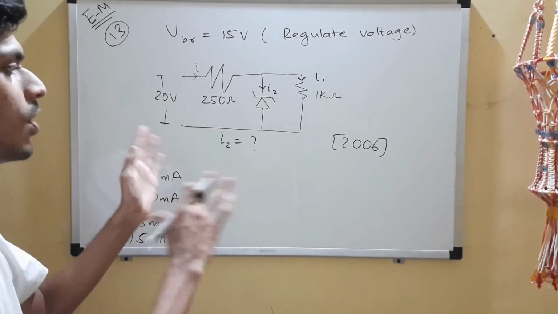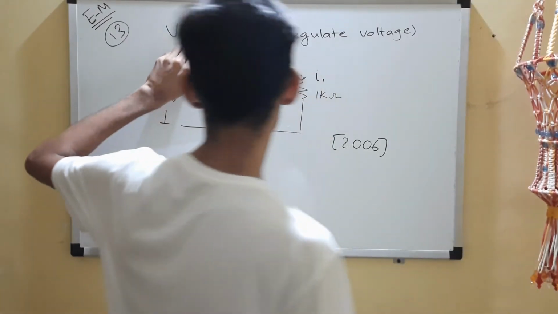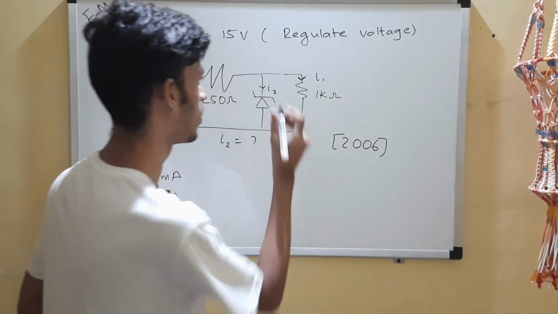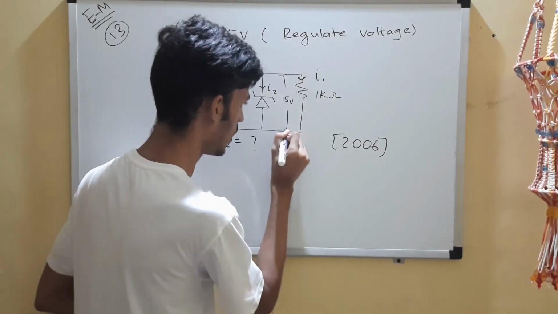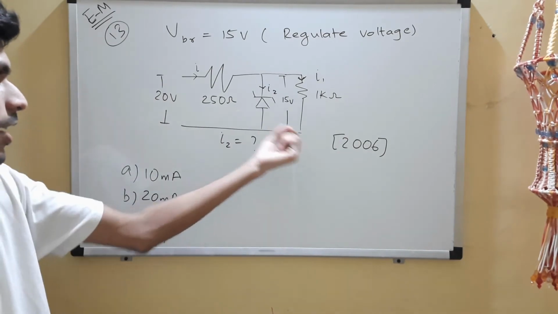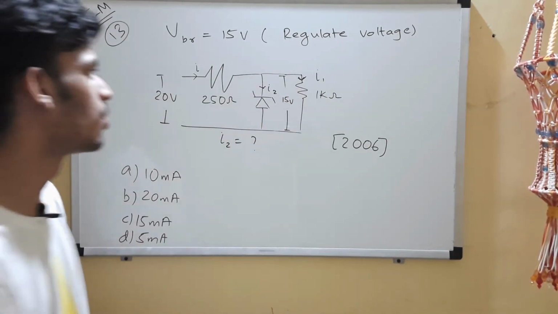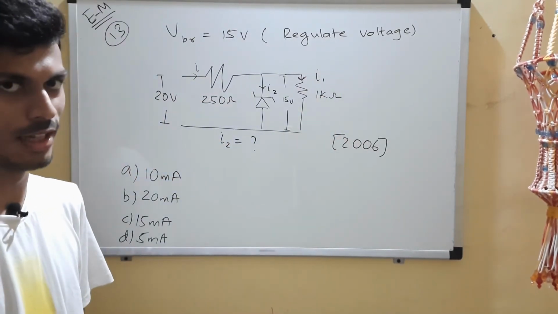First of all, for it to act as a voltage regulator, the voltage across these two ends should be 15 volts. Now this resistance is also in parallel to it, so the voltage drop across this also will be 15, right?